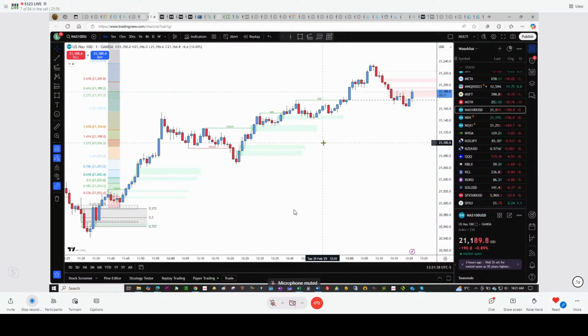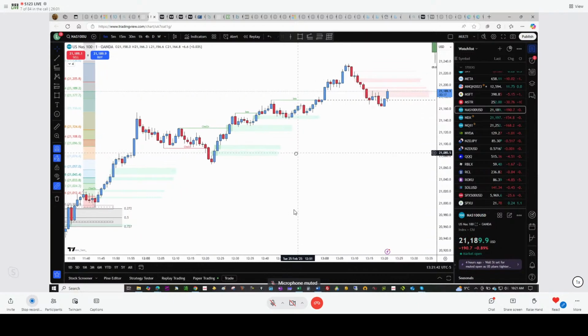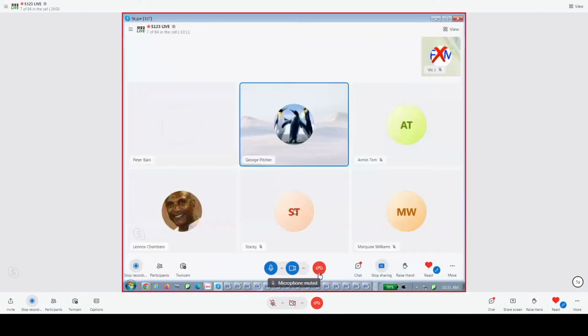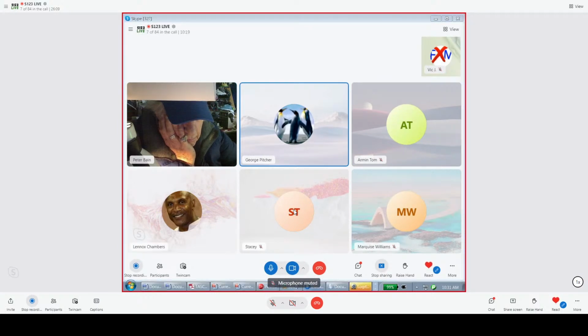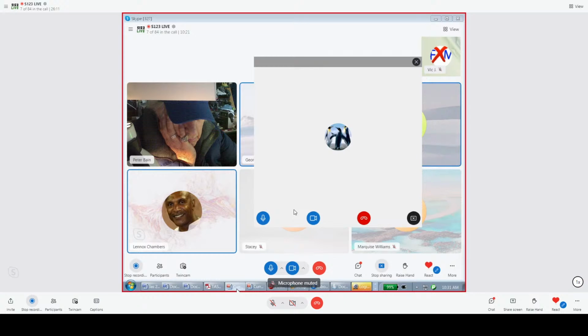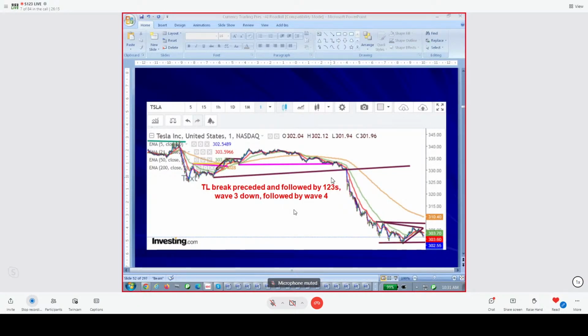For some reason, I got muted and I couldn't interrupt you. Can you see my screen? Yes. No. Yes. You see it now? There we go.